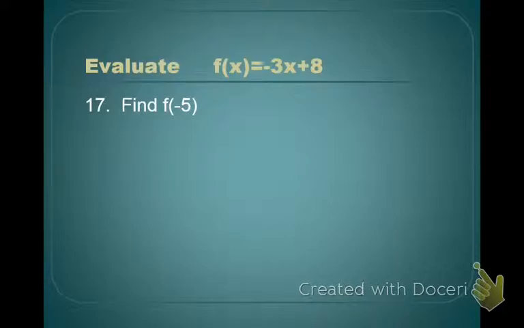So we've got some more to evaluate. We're evaluating f still, so we want to evaluate f at negative 5. And then while you're writing, go ahead and write down 18.2, f at 0. Go ahead and evaluate f at negative 5, and then f at 0.